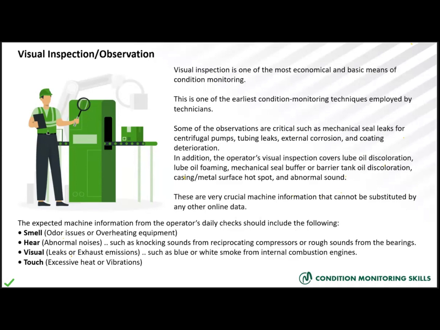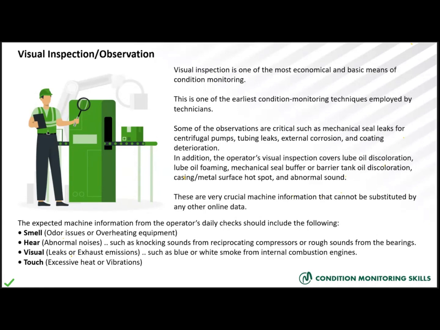So the expected information from the operator daily checks should include the following. He should be using smell for any odor or issues or overheating of the equipment. His hearing, sensing for any abnormal noises such as knocking or rough sound from bearing and so on.